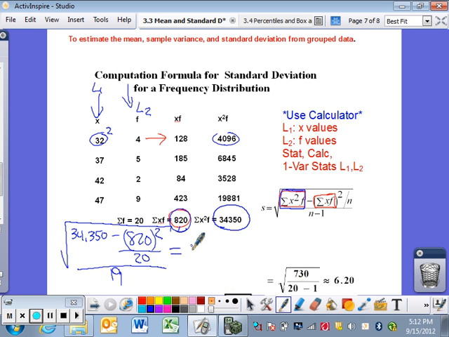We're going to end up having 34,350 minus, if you do the 820 squared divided by 20, you get 33,620 over 19, which if you subtract that, here's where it becomes the square root of 730 over 19. And if you take the square root of that fraction, you get approximately 6.2.